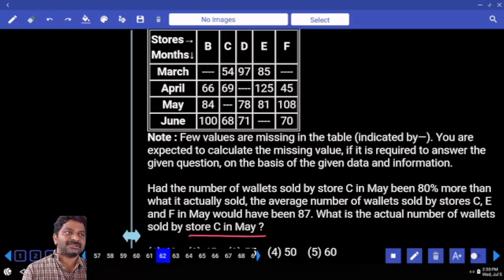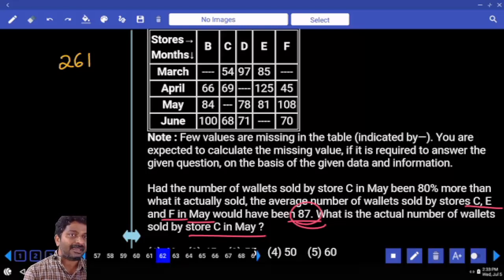Question is about store C May. 87 is average in the month of May for C, E, F. So how many stores are there? For 3 stores, if the average is 87, sum is 3 times of it. 3 eights 24, 7 threes 21, 261 is the sum of wallets sold in the month of May from store C, E, F.